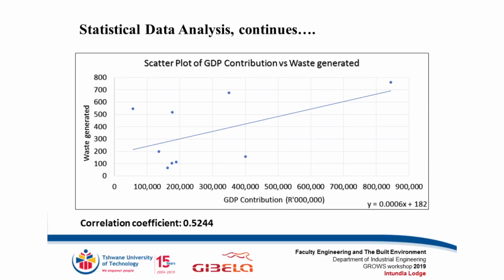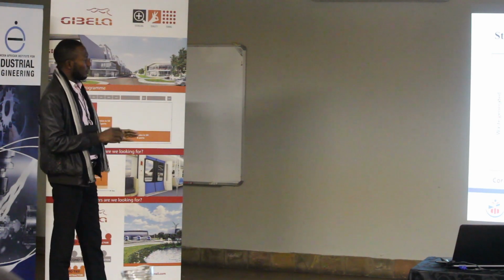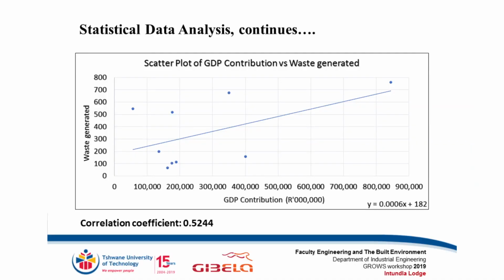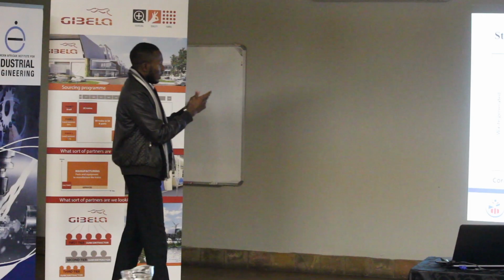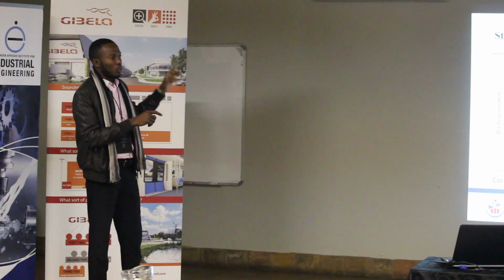Here, I'm now comparing waste generation with the GDP of the people. The same thing applies here as well. Here we have a greater slope, which means this link is much stronger than the one between waste and population.